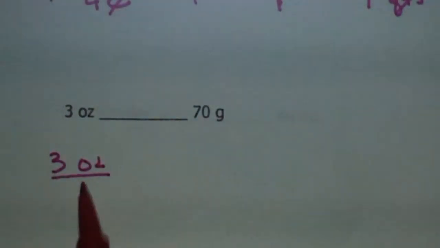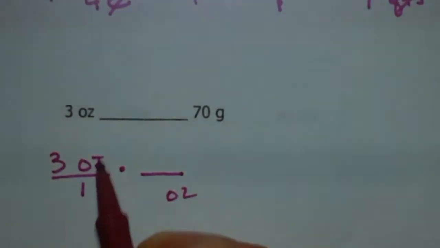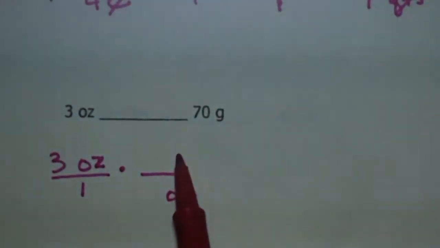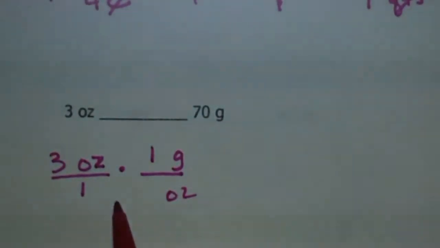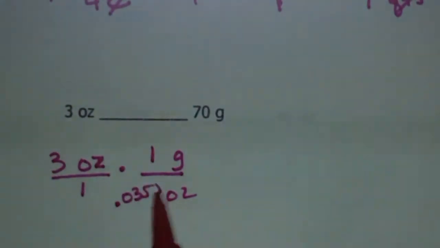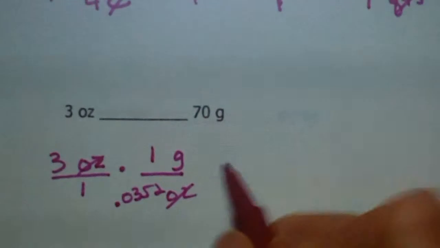Okay, let's use our grams conversion. So if I know that 1 gram is 0.0352 ounces, I'm going to take my 3 ounces over 1. I'm going to put ounces in the denominator because I want them to go away. And I'm going to put grams in the numerator because that's what I want. And the conversion is 1 gram is the same as 0.0352 ounces. All right. Ounces will cancel.